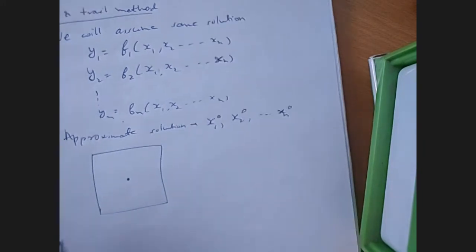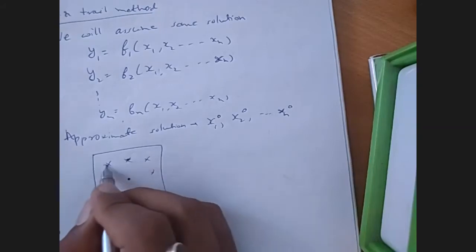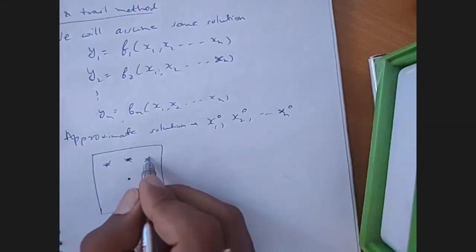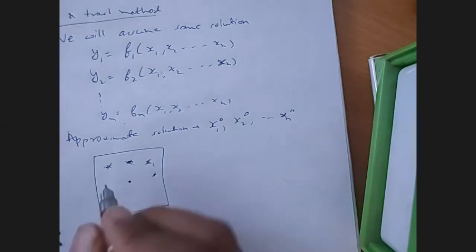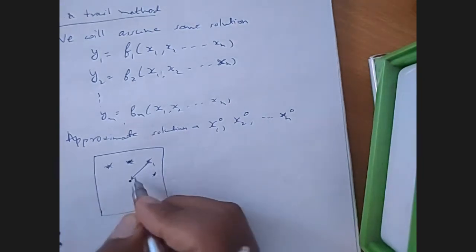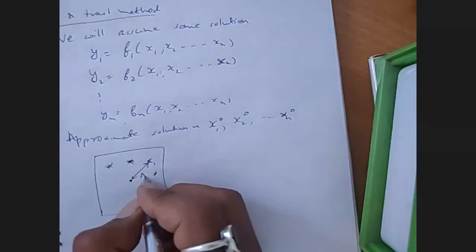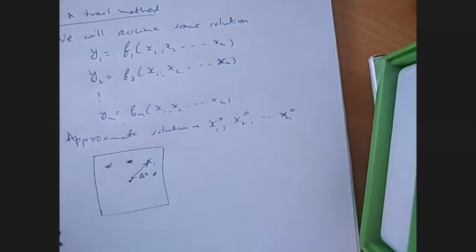So we are giving some value, and then on the basis of this we will be calculating how far we are, and what is delta, how much change is required for getting near to the solution.